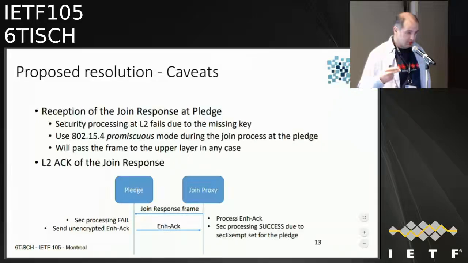So there is a special mode in 802.15.4 called promiscuous mode. When this attribute is set in 802.15.4, all the frames, regardless of the state of the security processing, are passed to the upper layer.